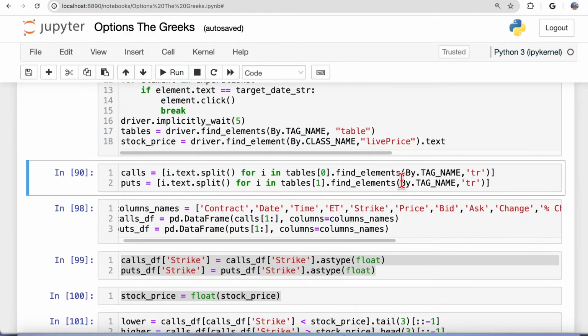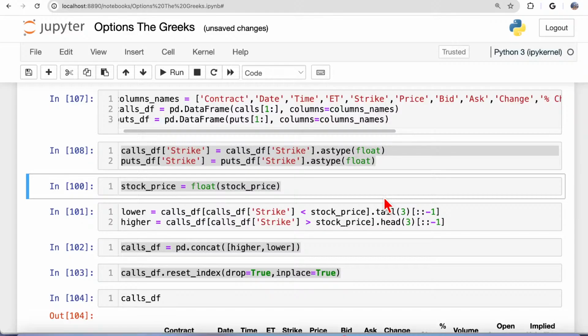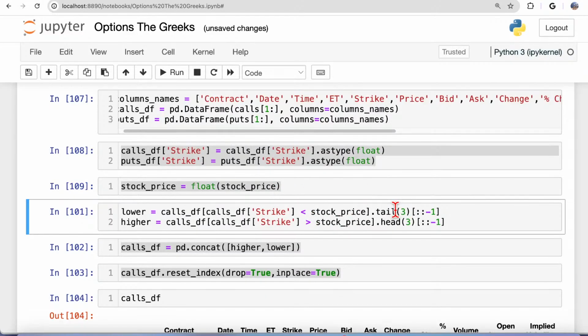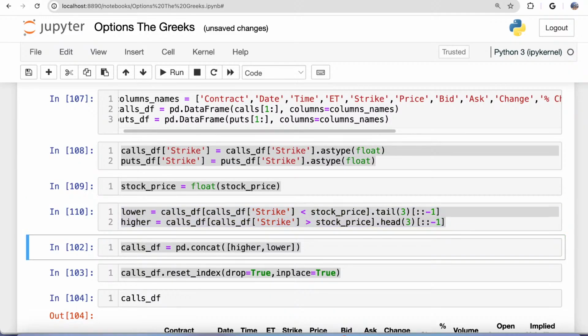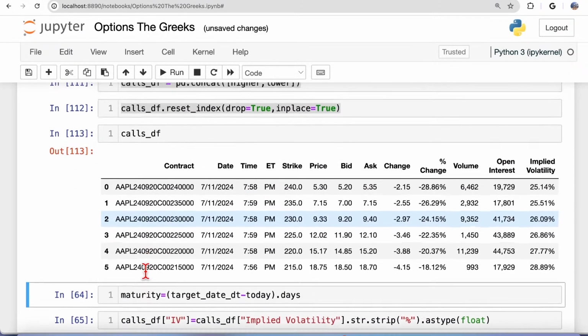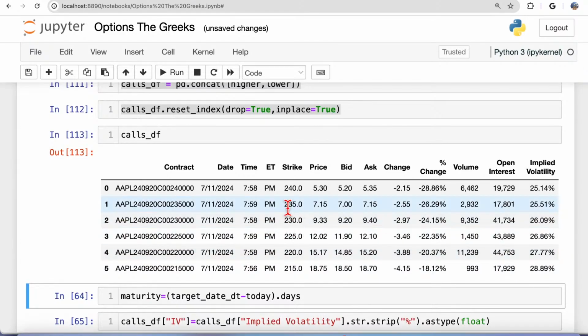So that's why here, when I'm getting this price, I'm saying, hey, get me 3 above today's closing price and 3 below today's closing price. That's what's happening here, because I care only about nearest strike prices, you see? And that's why we get here, you see, 230, 235, 240, and if we go a little bit lower, 225, 220, 215.